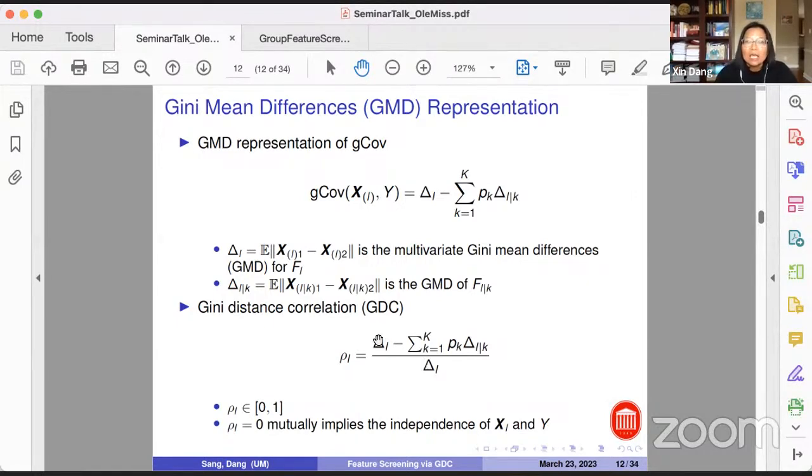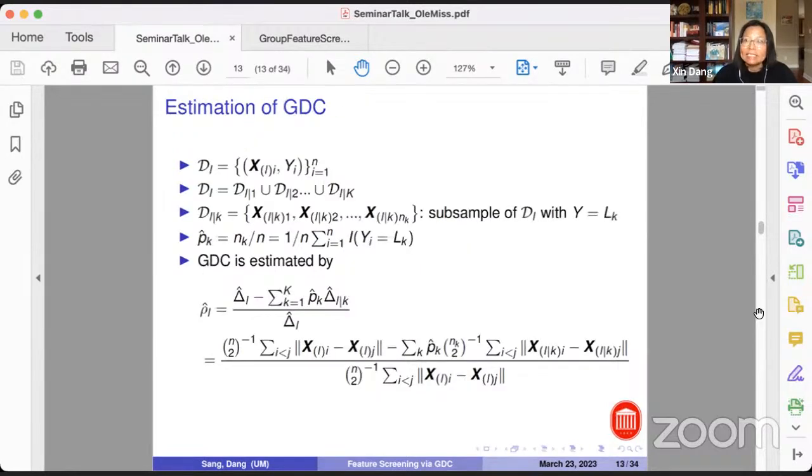So this is the between Gini variation over the total, which has a very nice interpretation. And this correlation is between 0 and 1, standardized. And if it is 0, it implies independence. So that is why we wanted to use this quantity, and it is easy to calculate.